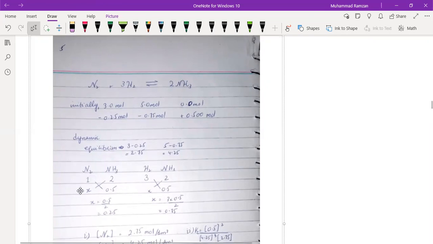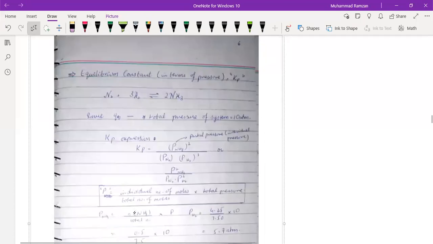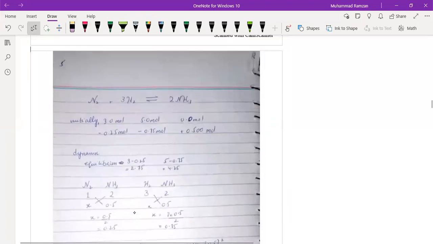Now you compare N2, H2, NH3. To produce 2 mole NH3, you have to make react 1 mole of N2, and you have produced 0.5. How much N2 is required? This is X. If you cross multiply, you get 0.25.